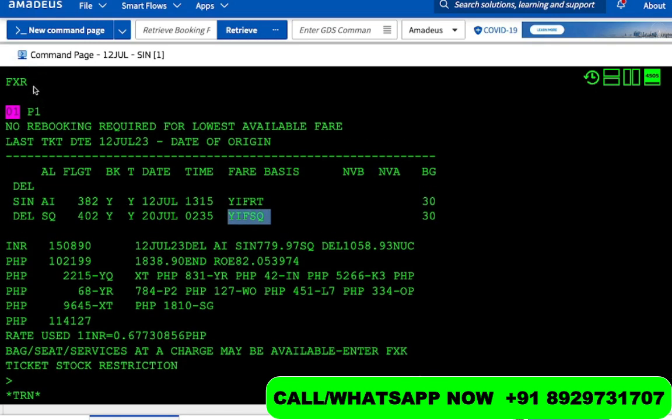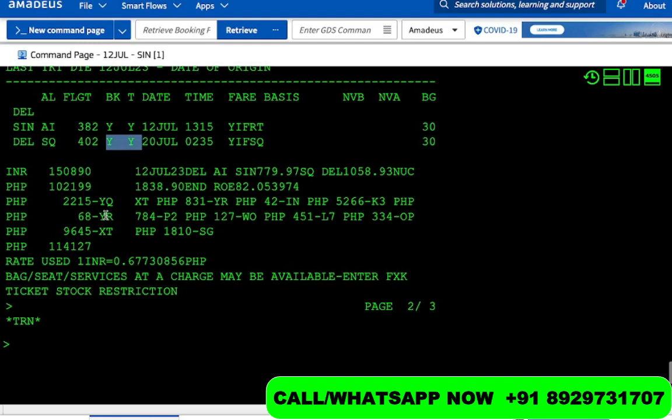Even if we have done FXR, which means same flight and lowest class, it is not bringing the price down, which means there is an agreement but no joint fare below Y class. So Air India and Singapore Airlines have an agreement where, if you price them together for this itinerary, the minimum price you can get will be in Y class, which is actually the highest economy class. So this might not be feasible for us.